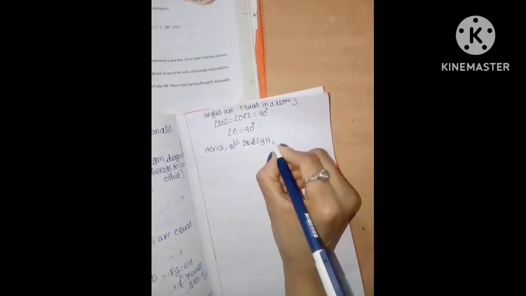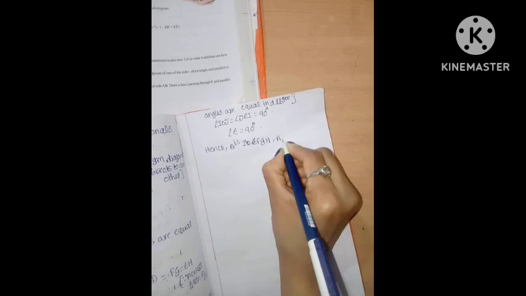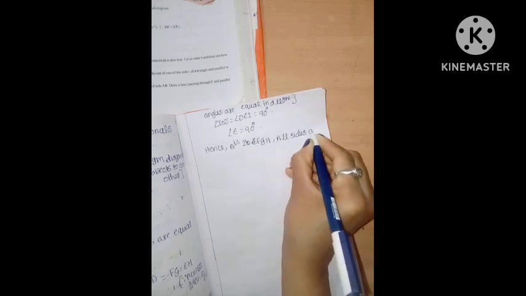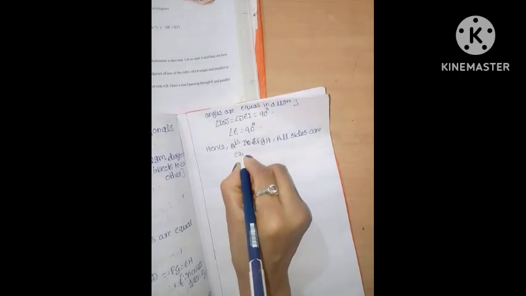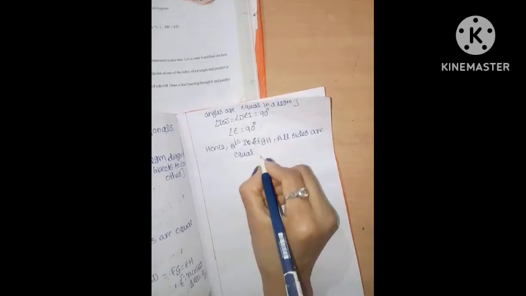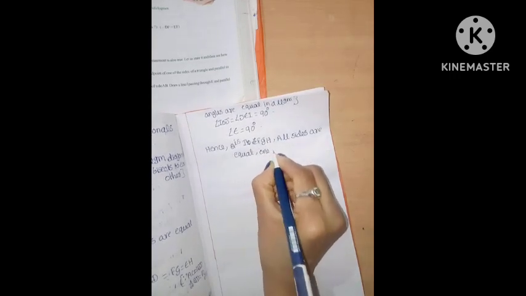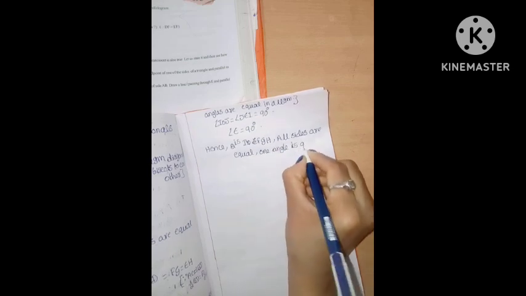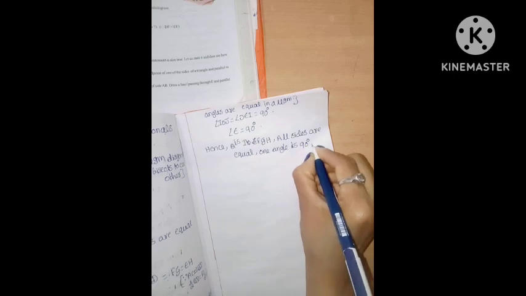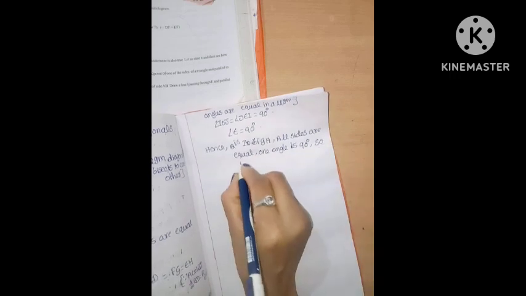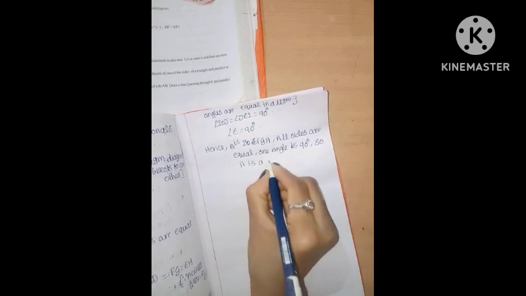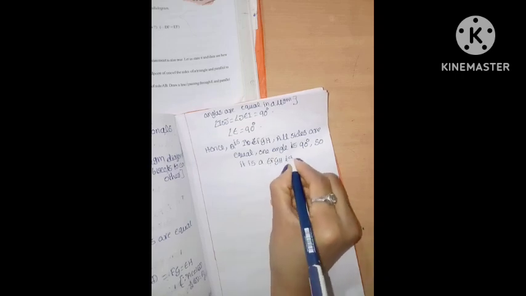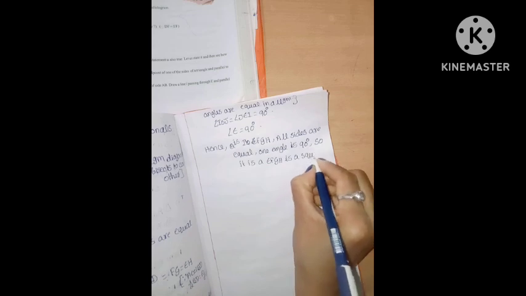In quadrilateral EFGH, all sides are equal, and one angle is 90 degrees. So it is a square. EFGH is a square. Okay, are you clear?